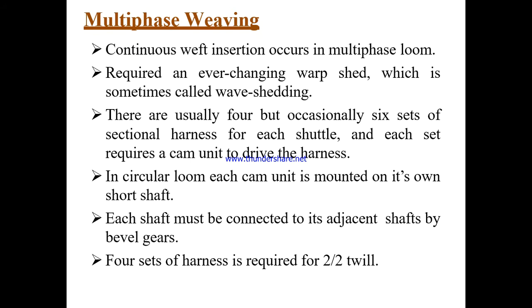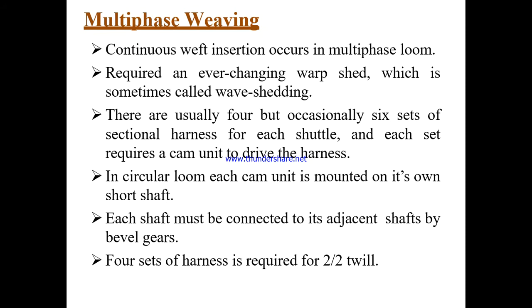So each and every set of sectional harnesses requires a cam for its operation. Basically the multi-phase looms are of two types, flat and circular form. In circular form, which is more popular, each cam unit is mounted on its own short shaft.